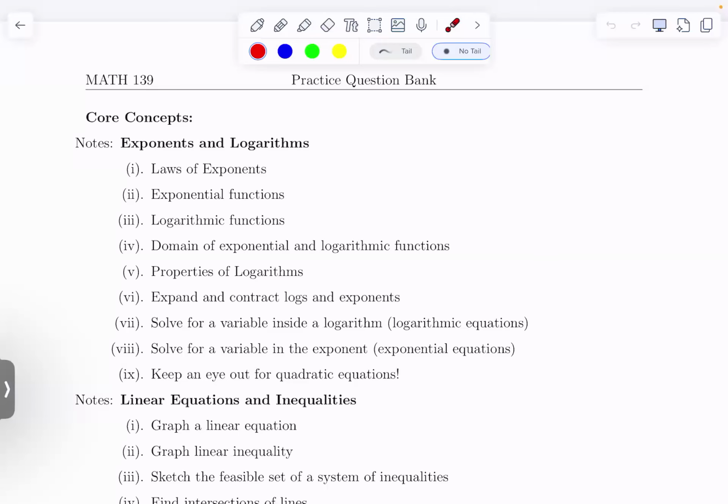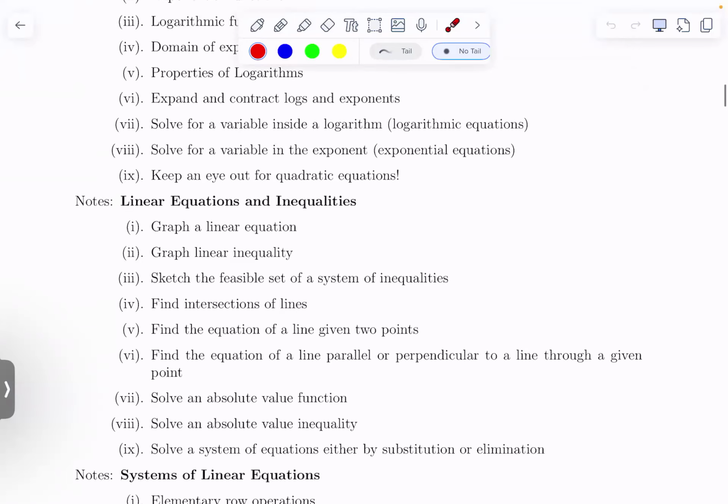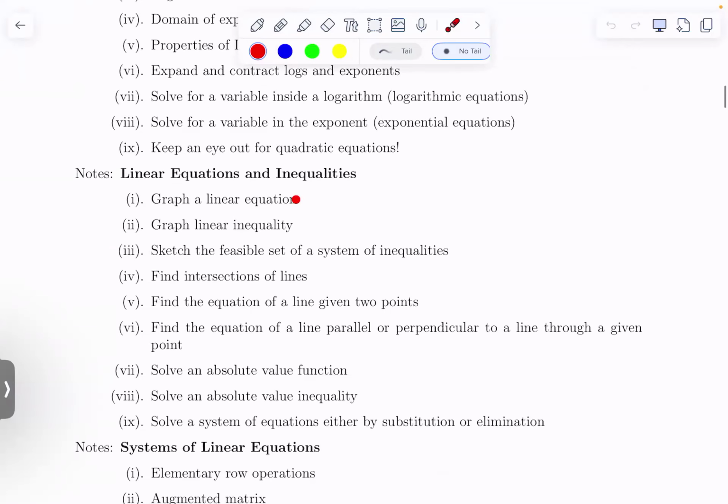For example, linear equations, graphing a linear equation, graphing a linear inequality, sketch the feasible set and find the intersection of the lines, that would all be in one question, right? All those things would be tested in one question.